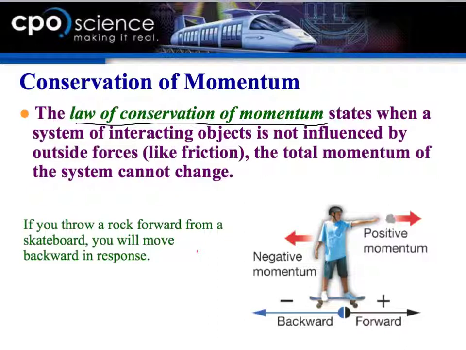So, if you were in space and you threw a rock forward from a skateboard, you would move backward in response because space does not have any friction. Or let's say if you were on a really icy sidewalk. If you were standing on a skateboard and you threw a rock forward, you would move backward in response because momentum must be conserved.